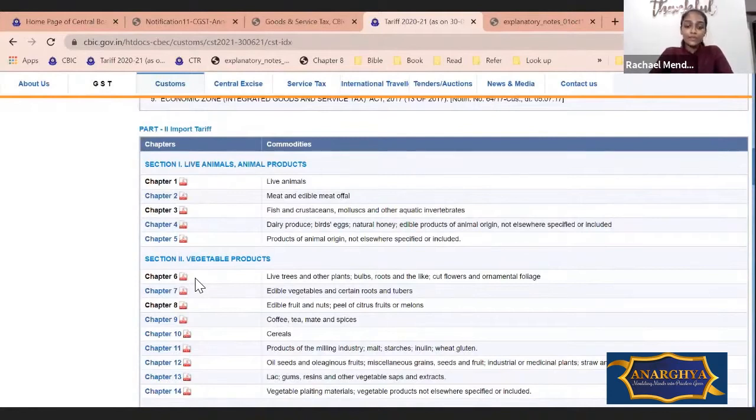These section and chapter notes are of paramount significance because they give you specific inclusions in the section or chapter or make specific exclusions. They also give you meanings to words that are covered in these sections and chapters. So before you classify under a particular section or chapter, you need to make a note to read through these notes that are provided.